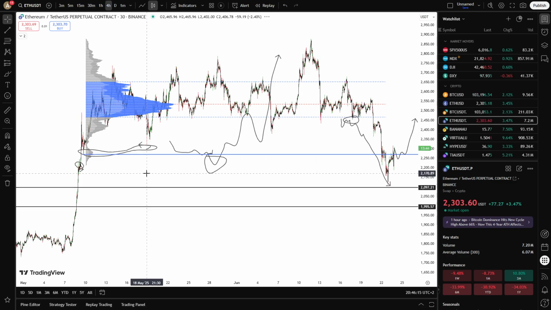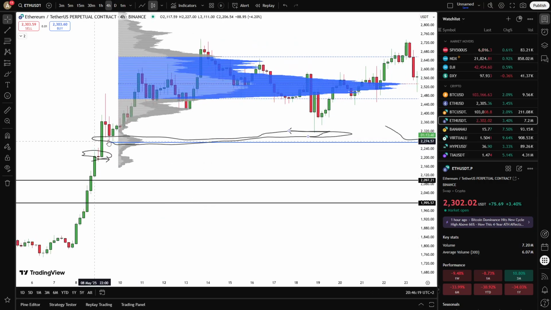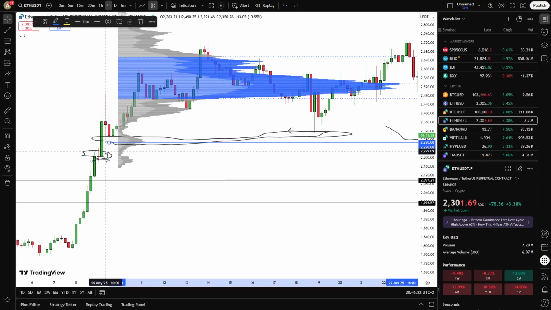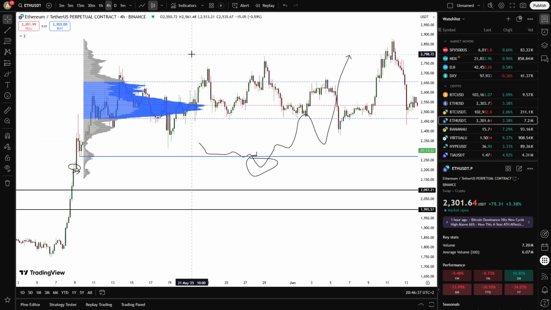Because when we look at this on a 4 hour, let's zoom in a little, you see that we've had this wick here, which also was your initial point where you moved up, done that retest to create that range. So this is your point of impulse, meaning this is where you started that run up.